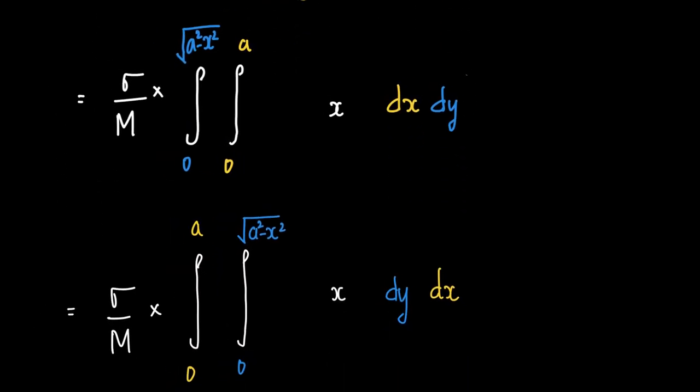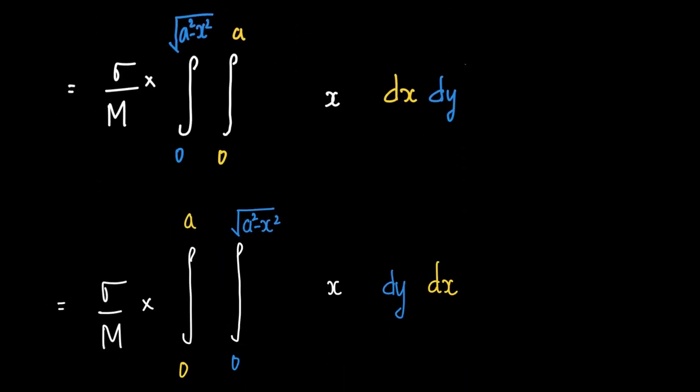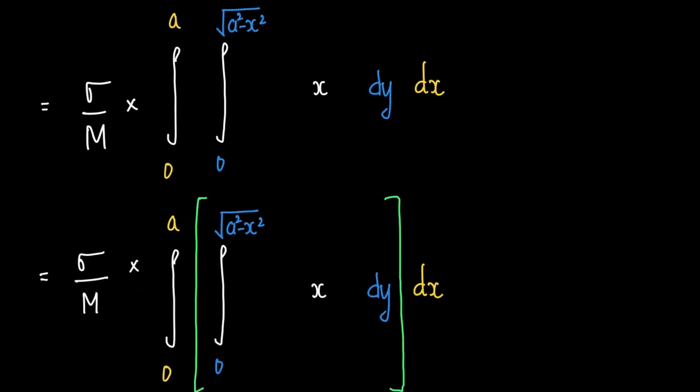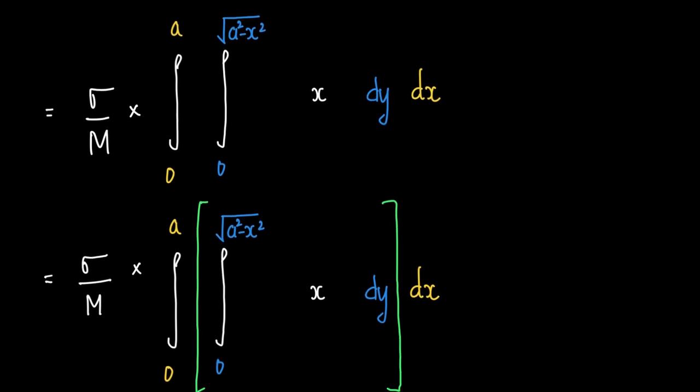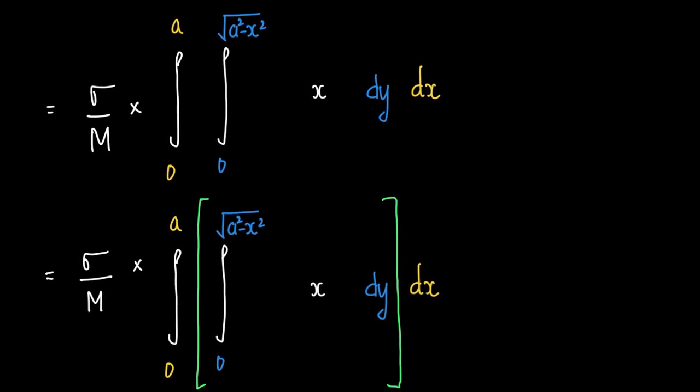And like we did in the previous derivation for the denominator part, we will switch dx dy to dy dx, so dy varies from 0 to root of a square minus x square. Now what I've done here, everything else remains the same except that I have included a bracket here, which means I'll be acting only upon dy.